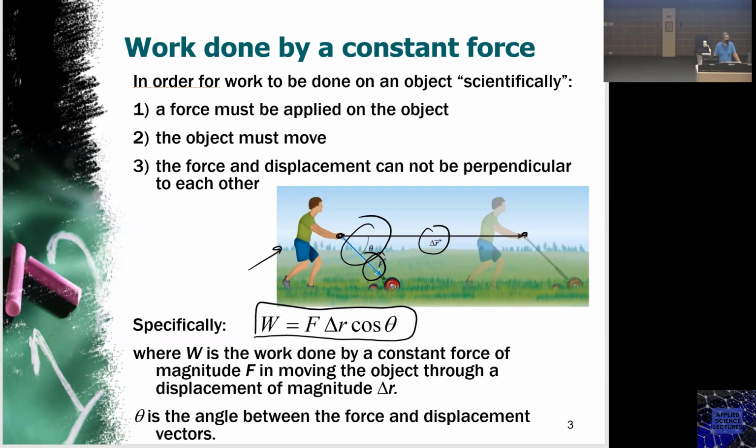If theta is 90 degrees, then the work exerted due to this force that is perpendicular to the displacement is 0, because it's a function of cosine theta. In other words, if the angle between the force and the displacement is 90 degrees, based on this expression, the work is 0.